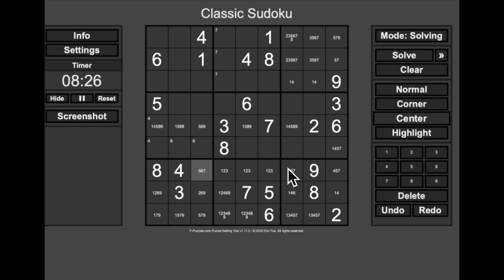So this is a 4, 5, 6, 7 quad. Oh, that's not 4. Let's see. Well, that actually gives us another digit, doesn't it?